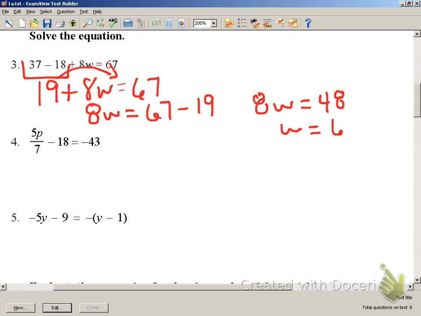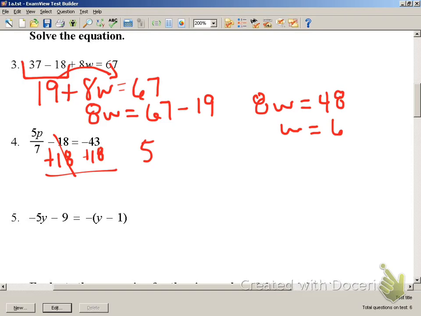Number 4. Undo the operation. I'm going to add 18. Notice I'm working them different ways for different people. You work it the way you need to. So if I'm given a subtraction, I have to add to both sides. And we have opposite signs.